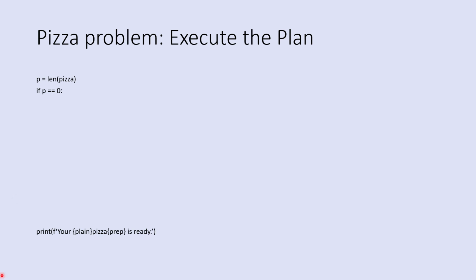So if P is 0, what do we want to fill in down here? When we look at the plain and prep portions, well, we want plain at that point to say plain cheese. And notice that there's a space here between your and the name of the variable.